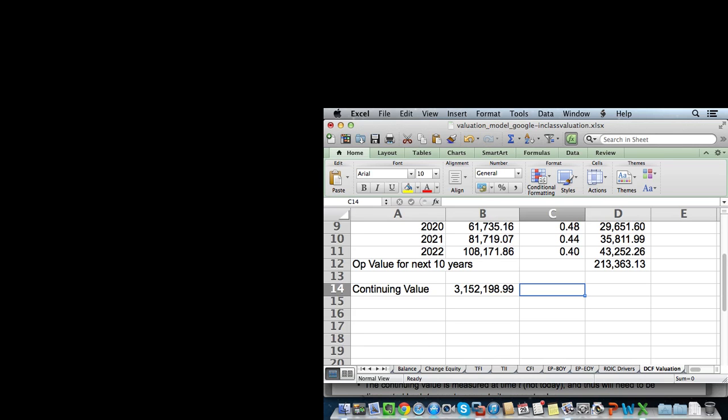I don't want to double discount because the year 2023 has already been discounted in the growing perpetuity formula. So to bring it back to a present value, I use the same discount factor as 2022, and then I multiply that out, and that brings it back to a present value of the continuing value. So this present values it to the beginning of 2023. This present values it back to today.